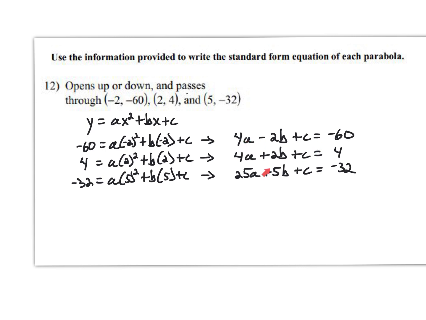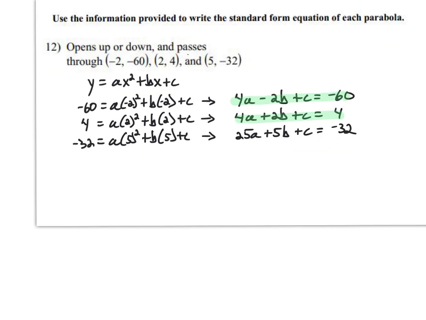So here we have our system of equations, and I need to pick 2 equations to cancel out the c, and then use the third one that I didn't use with one of the others to cancel out c as well. I'm going to start with the first 2, and I'm going to multiply the second one times the -1 in order for the c's to cancel out.